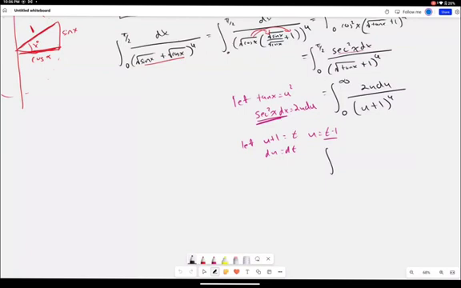Infinity plus 1 is still technically infinity. I'm still approaching infinity. 0 plus 1 is 1. So now my lower bound is changed to 1. All we basically did is translate this function 1 unit to the right.